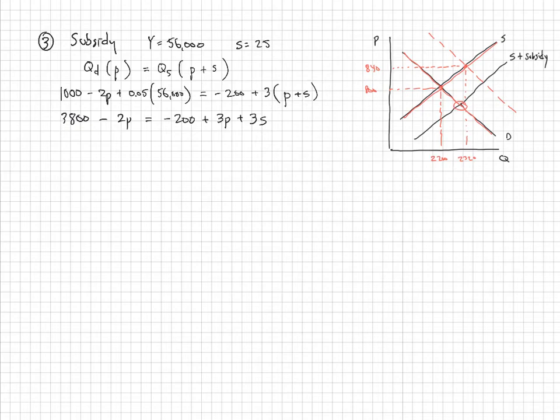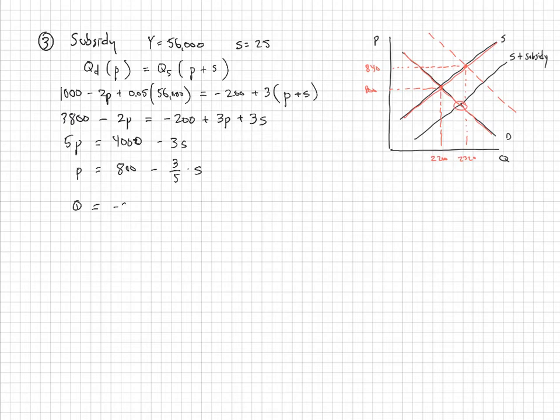Solving for P, we have 5P equals 4,000 minus 3S, or the new equilibrium price is going to be 800 minus 3/5 times S. Again, here I'm solving it for any S, although we do know what the S will be.